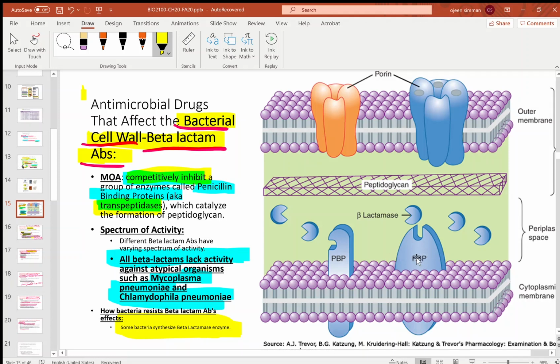This is the penicillin binding protein right here that is needed to synthesize peptidoglycan. Beta-lactams inhibit the transpeptidase enzyme, therefore preventing bacteria from forming cell wall and therefore destroying their structure.